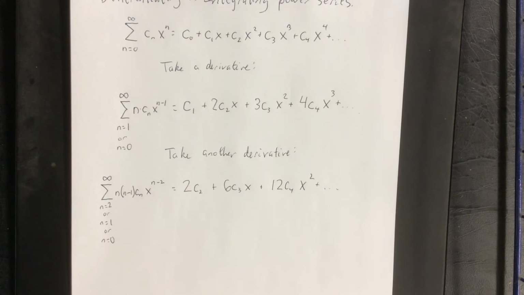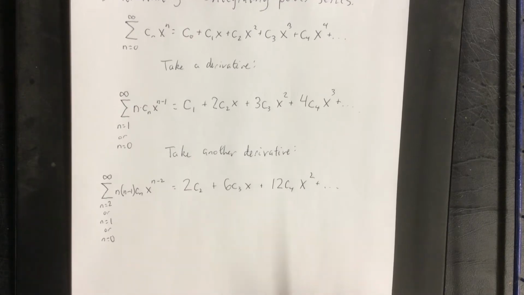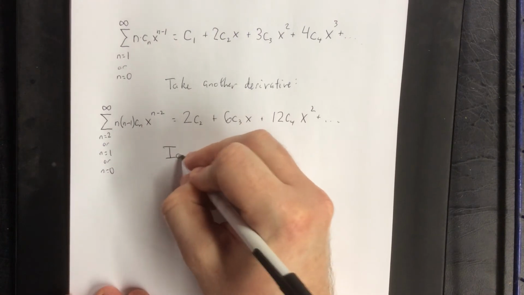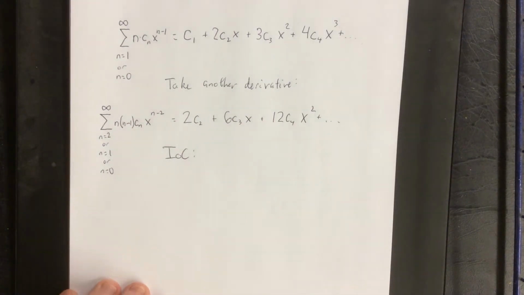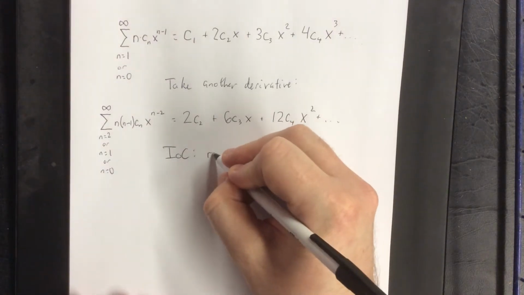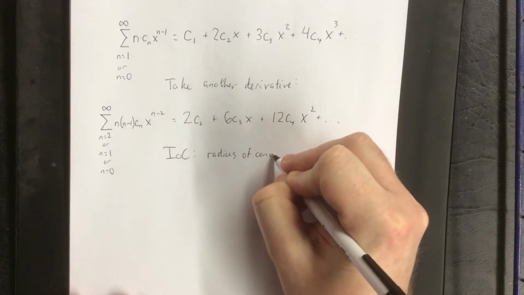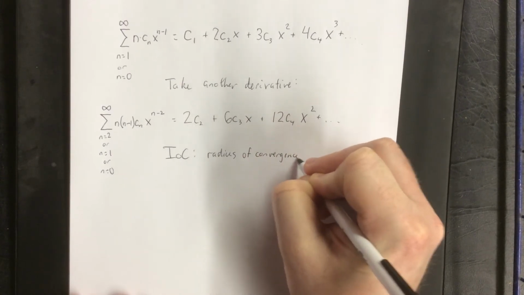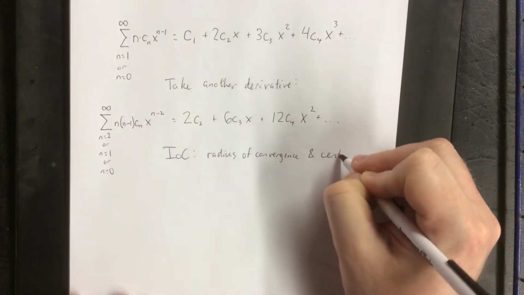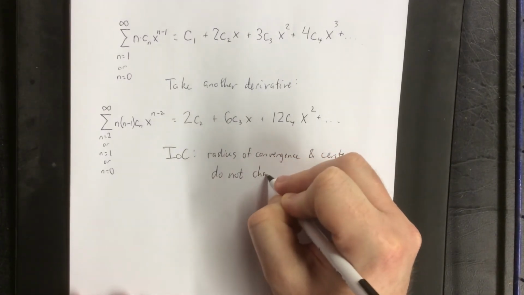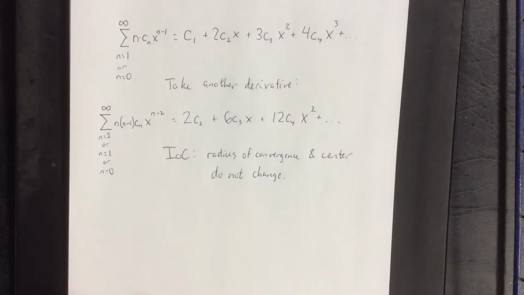Now, a great question to pose is, what happens to the interval of convergence when we do this? When you take a derivative of a power series, the radius of convergence and the center do not change.